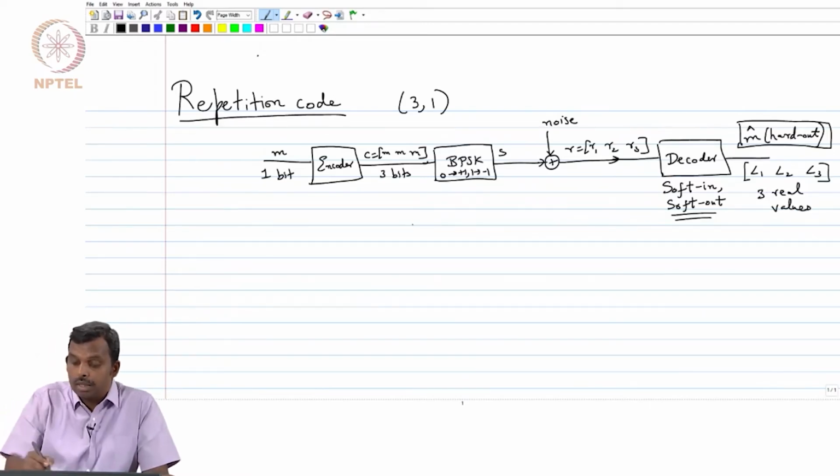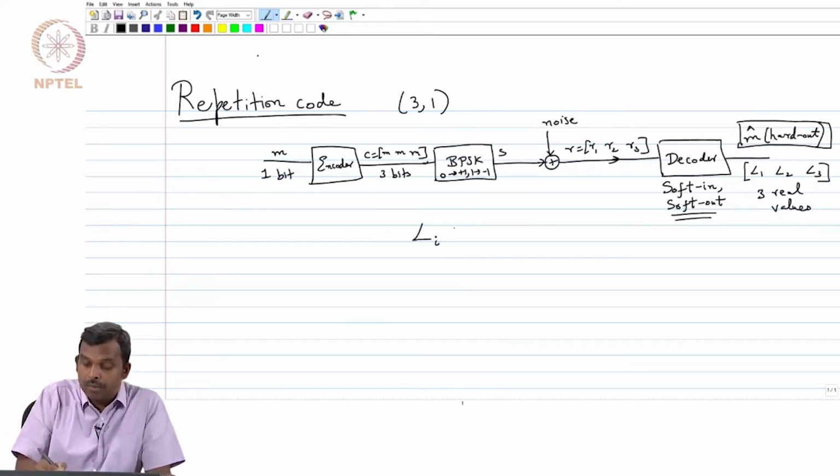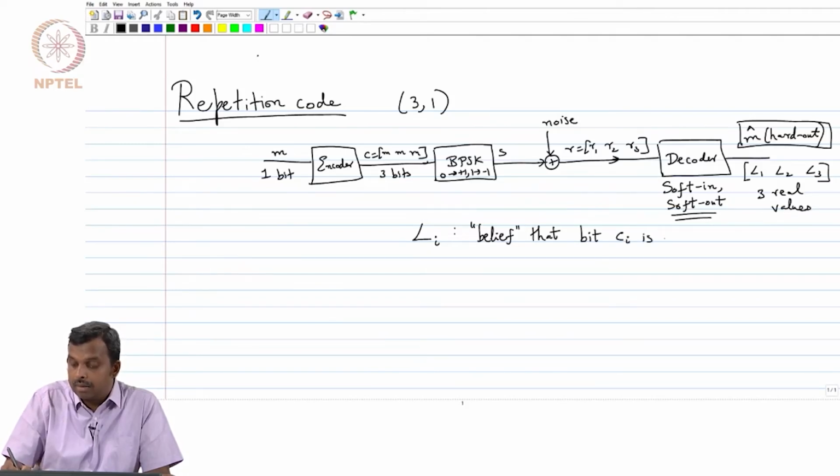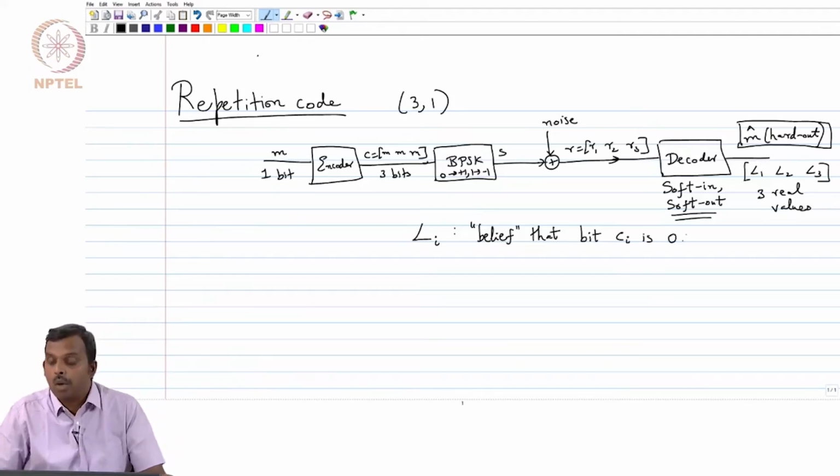Okay, what are each of these values? Li is, let us say, "belief". I will define it a bit more precisely later on. Belief that bit Ci is, let us say, 0. Okay, so I want some soft output, some real values to come out.